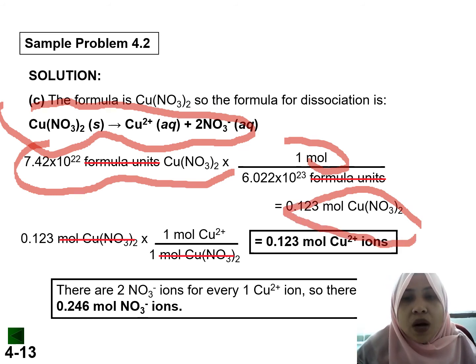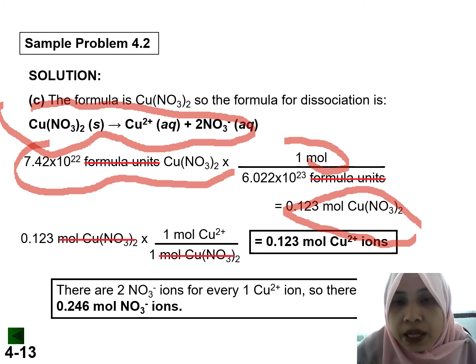Then we need to calculate the mole of cation and anion. As we can see from this equation, 1 mole of copper nitrate dissociates into 1 mole of cation and 2 mole of anion. Therefore the mole of cation equals the mole of copper nitrate.